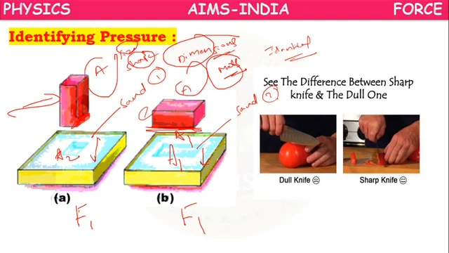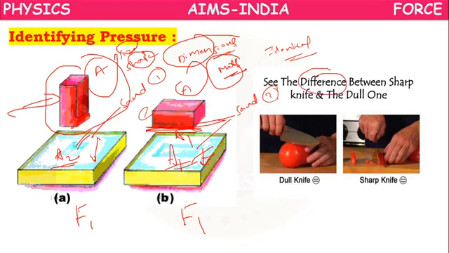But which one will go deeper? The A2 area contact will go deeper. Why? Less surface area is in contact, so more pressure. So it will go deeper into the sand compared to A1. A1 has more surface area in contact, so it will go to less depth.